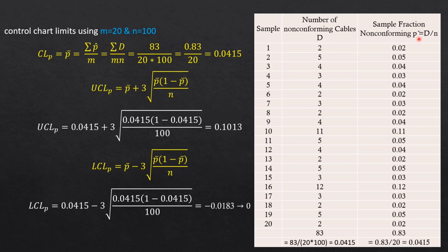P cap is equal to D by N, and we are already given in the question M is equal to 20 and N is equal to 100. So P cap is equal to D by N, and we get this column, that is P cap.